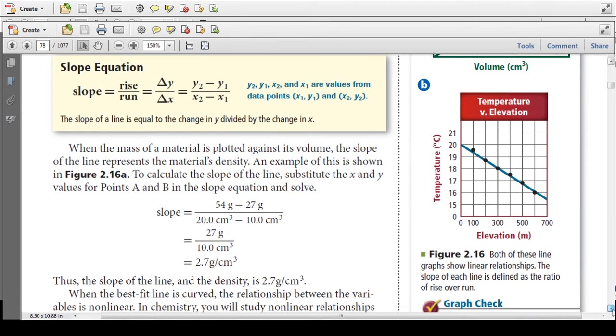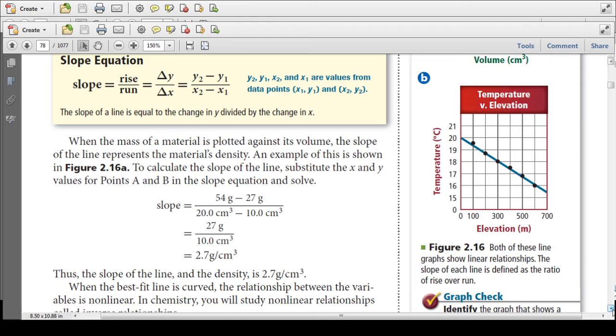When the mass of a material is plotted against its volume, the slope of the line represents the material's density, as seen in the example of 2.16a. If we were to take two points, in this case when we had a volume of 20 centimeters cubed, right, we had a mass of 54 grams, comparing it to that of when we had a volume of 10 centimeters cubed, we had 27 grams.